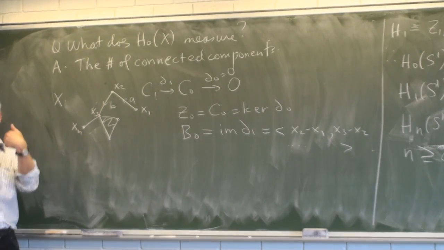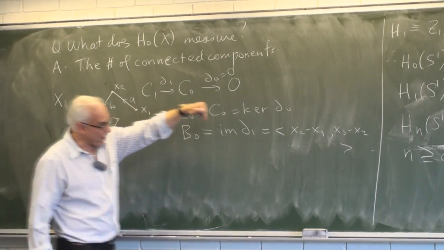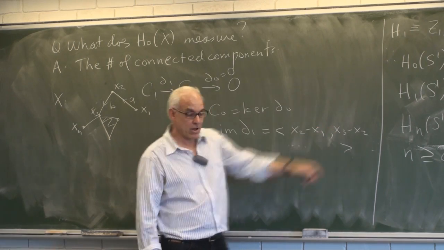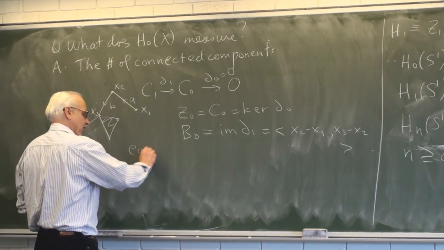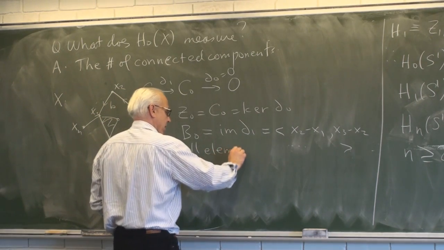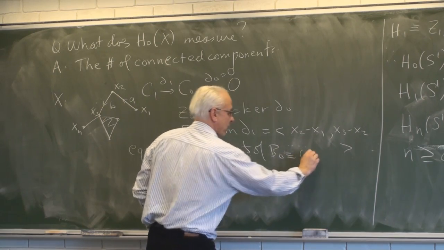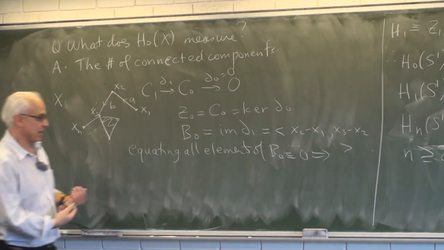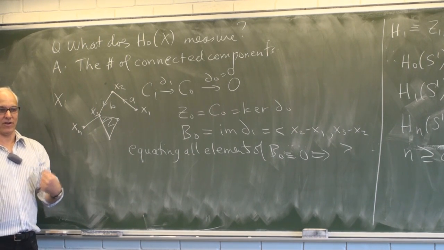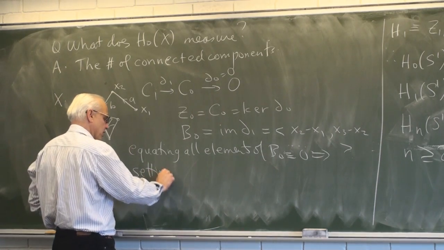So when you mod out by this subgroup B0, you're equating all of these expressions to 0, which means you're identifying all of the vertices.